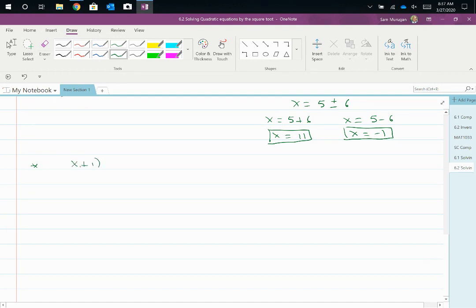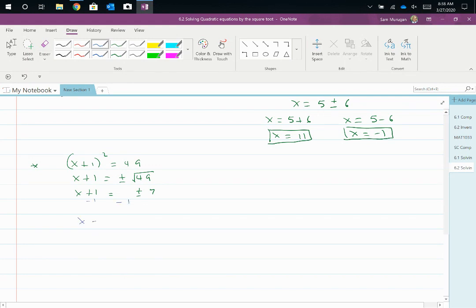(x plus 1) squared equals 49. So x plus 1 is equal to plus or minus the square root of 49. So x plus 1 is equal to plus or minus 7. Then we would go ahead and take away 1 from each side.